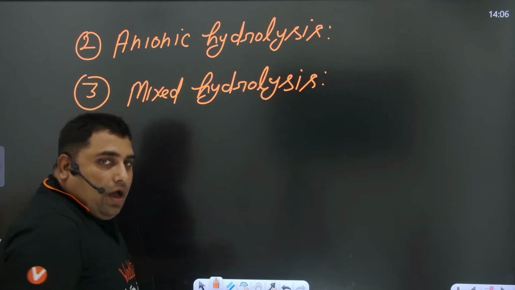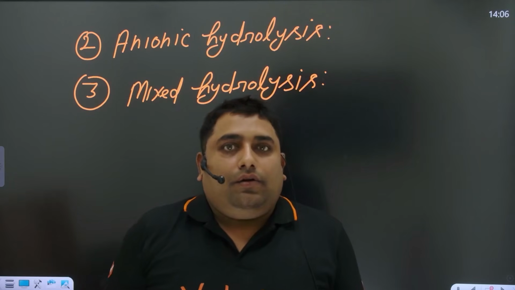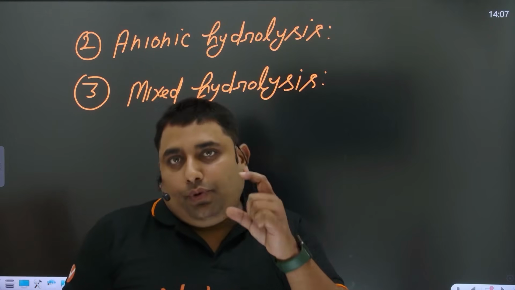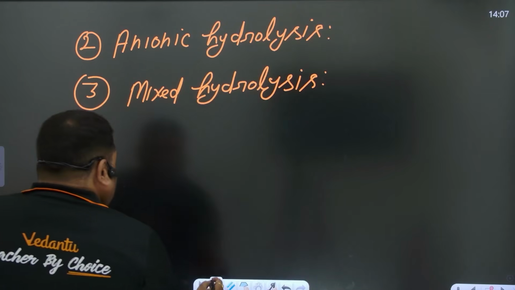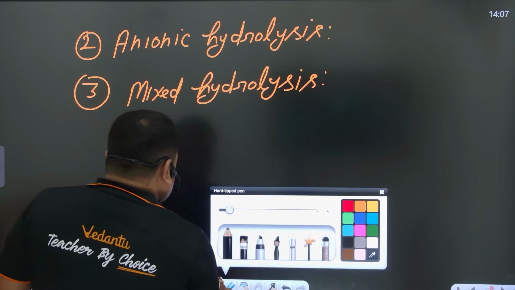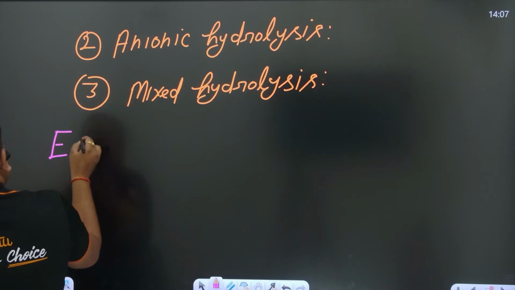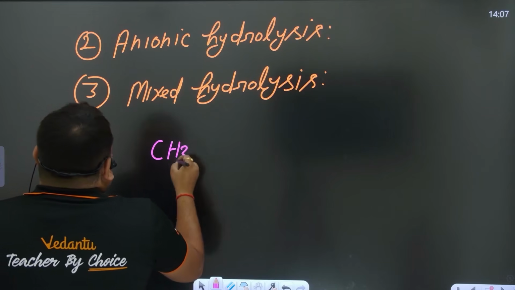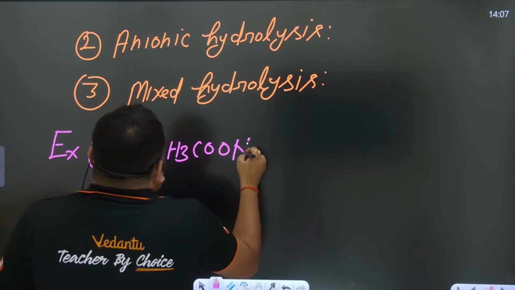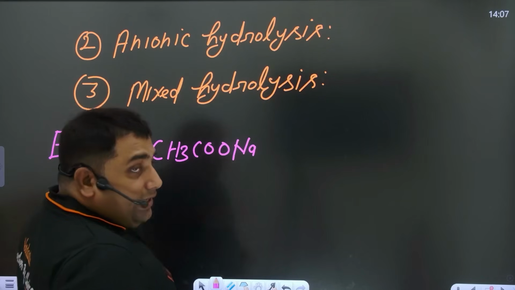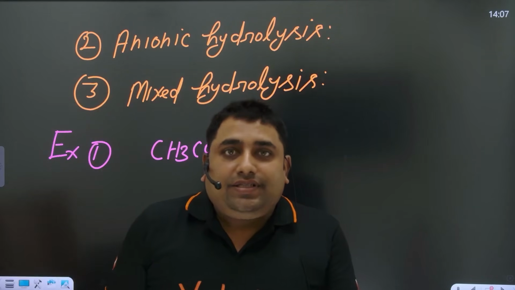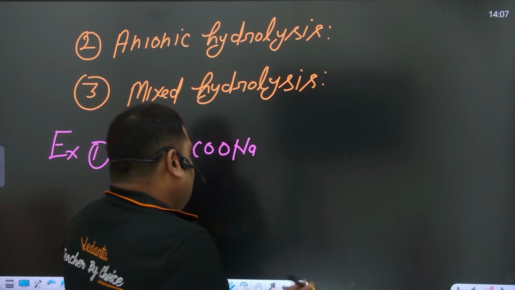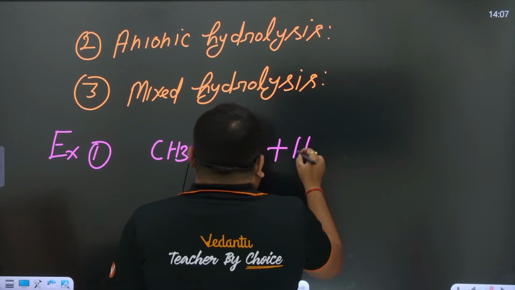So see how to check which type of hydrolysis is present in a particular salt. Now I am giving you the approach, how to approach. See, for example, CH3COONa, this molecule is given. Then to check which type of hydrolysis is present in a particular salt, first you have to add water to that.